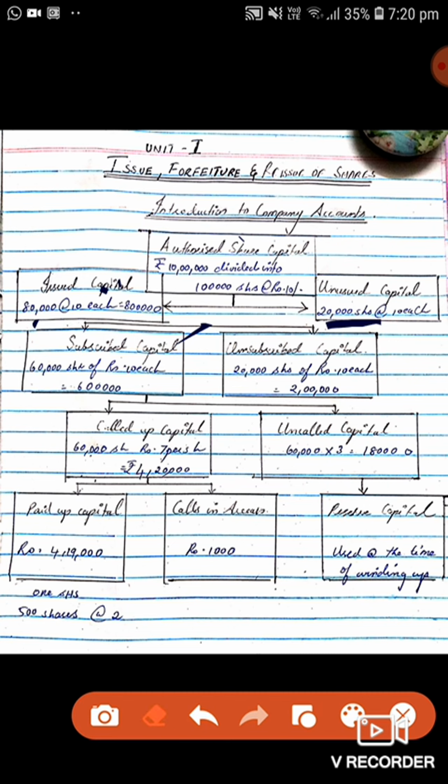Further, the subscribed capital is divided into called up capital and uncalled capital. The called up capital refers to the part called up by the company for payment. So the company is calling the public to pay. If you see, the share value is 10 rupees, but they call up only 7 rupees as of now.